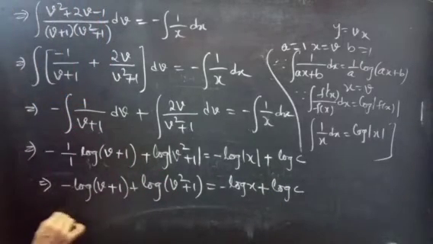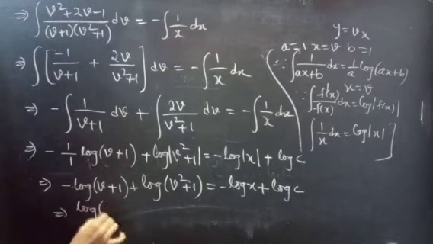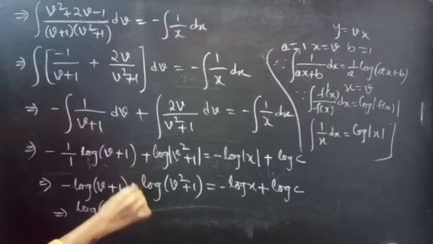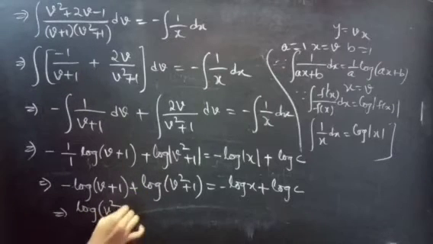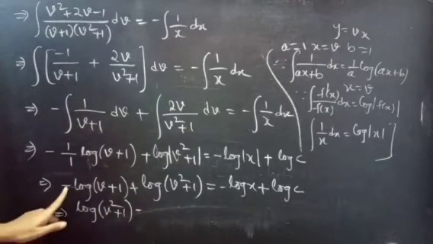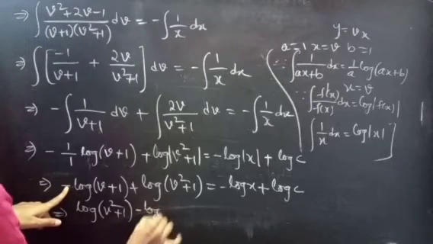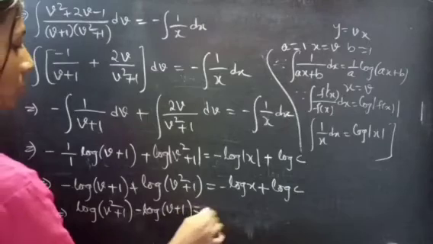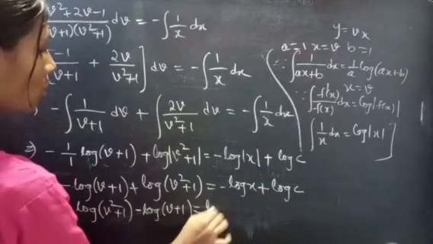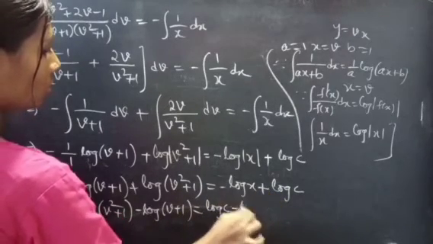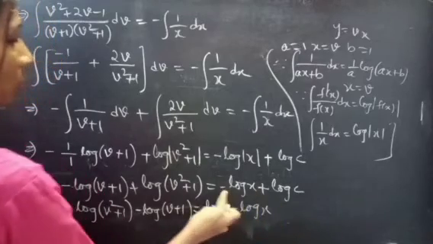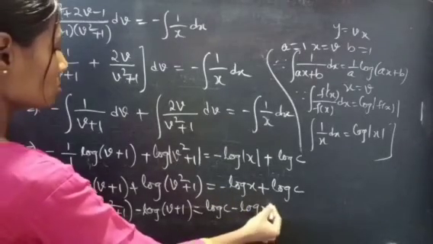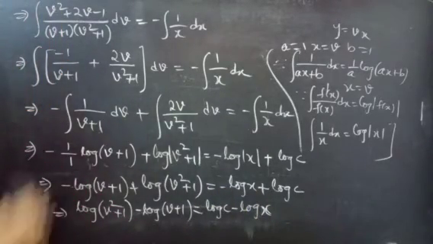We'll rewrite it with the positive terms, that is, the term involving a positive sign, first. Now the term involving a negative sign equals the term involving a positive sign, log c, and the term involving a negative sign, minus log x.